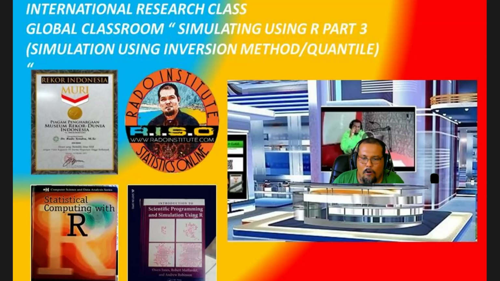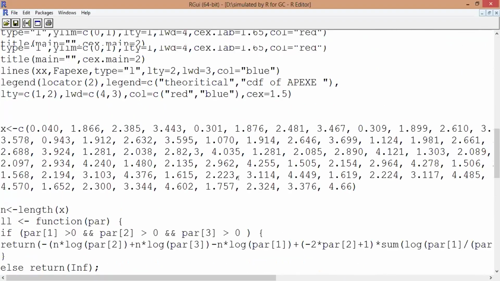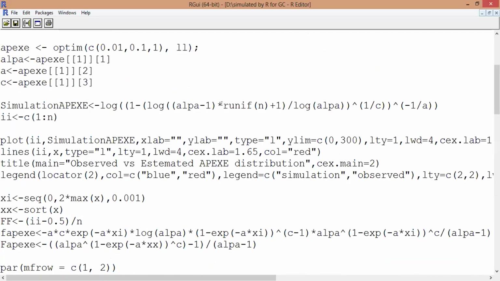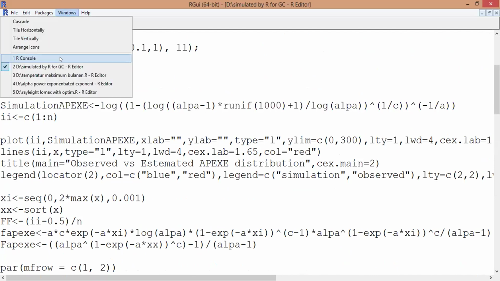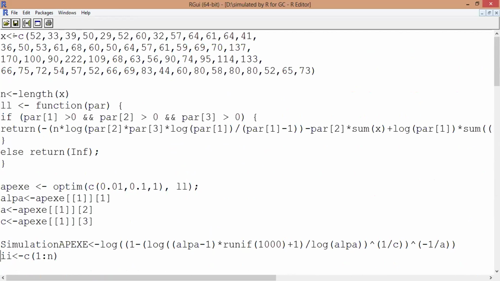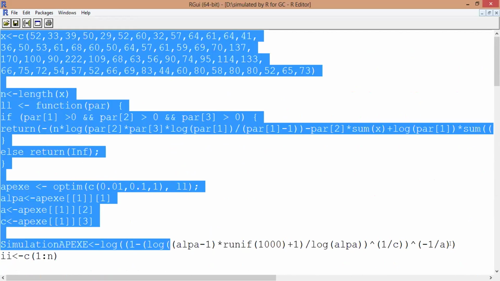Okay, the first one, share your R programming. Open your programming again. For the first research article, we check our simulation. In runif n, you use runif 1000. So it means you will try to simulate 1000 data.